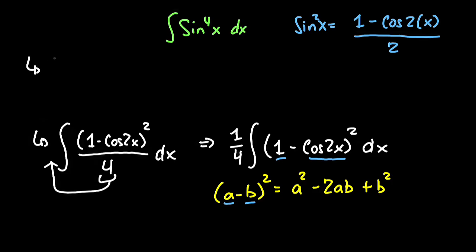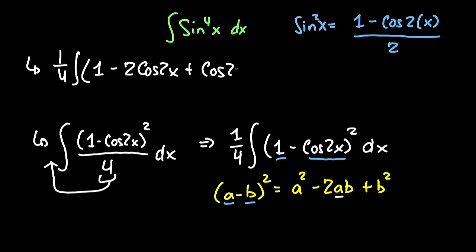By that formula, a squared here is simply 1 squared, which is equal to 1, minus 2, a here is 1, multiply it by b, which is cosine 2x, plus b squared, which is cosine 2x squared, or this can be cosine squared of 2x.